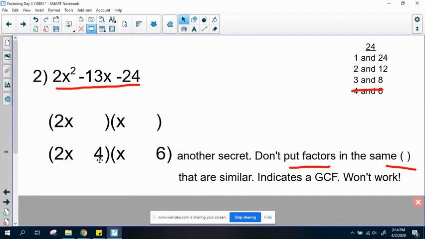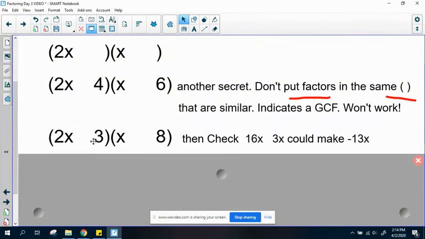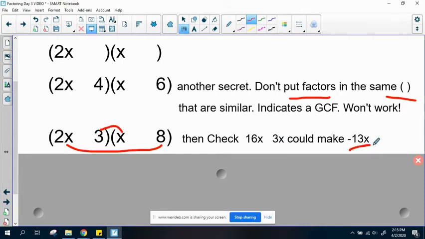Okay, so since I can't put a 4 here and I can't put a 6 here inside with that 2, I'm going to jump to 3 and 8. Now, I hope you're thinking, I also can't put an 8 here because 2 and 8 would have a 2 in common. So I'm going to naturally try the 3 first. Okay, so I could check it. If I put a 3 here, then if I multiply, 2 times 8 would be 16, and 3 times x would be 3x, and that could totally make negative 13 if this was negative and this was positive.